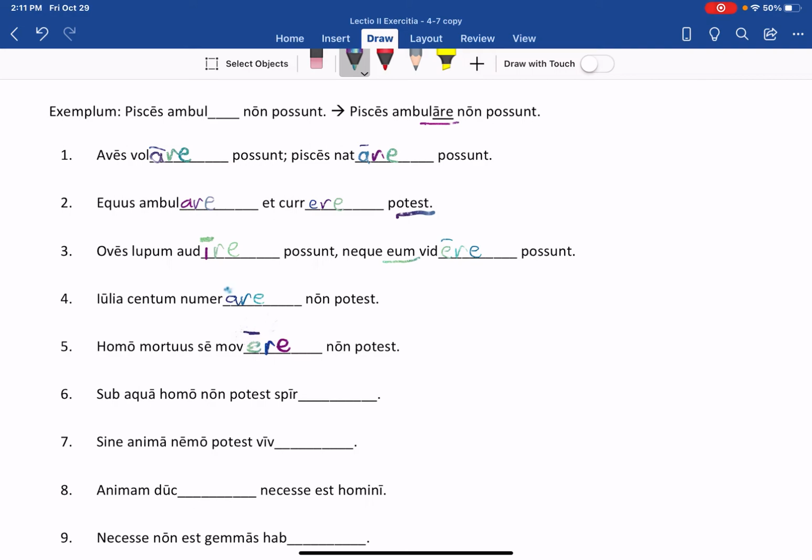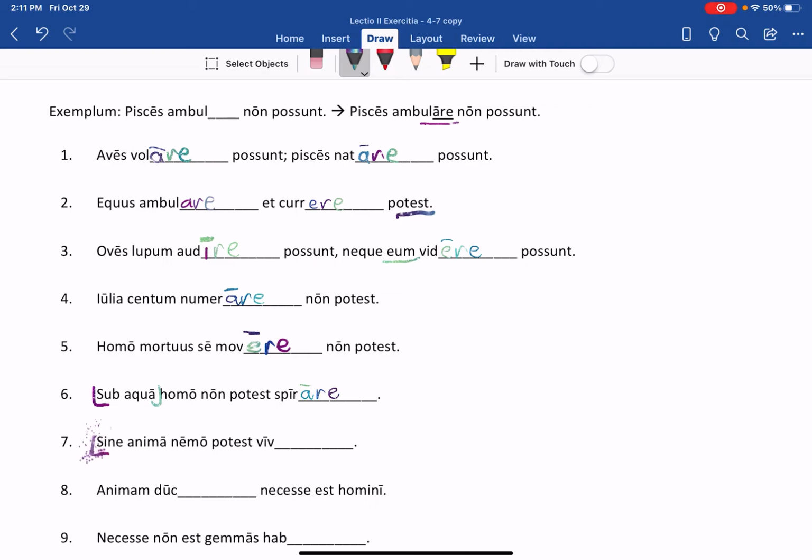We saw this one in the chapter on Friday. Se is him or herself. Number 6, sub aqua homo non potest spirare. Sub aqua, underneath the water, a human is not able spirare, to breathe.